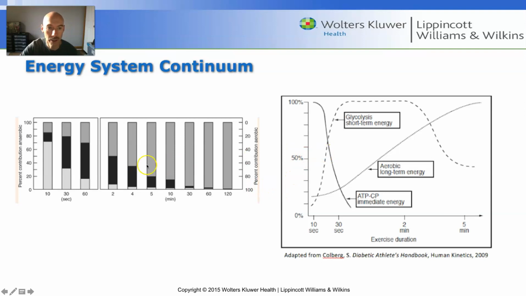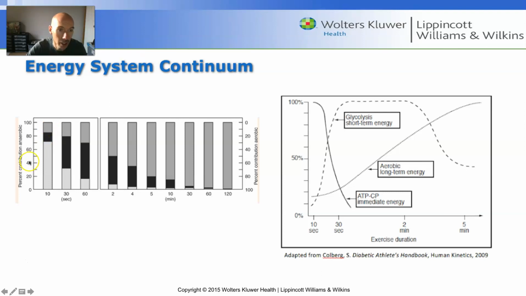What this shows you, let's start over here. The dark gray is phosphocreatine system, the black is glycolysis, and the dark gray is aerobic. So you notice, even in the first 10 seconds of exercise, even though the phosphocreatine system is the primary supplier, so about 75% of the energy comes from that, you still get a small contribution from the glycolytic and the aerobic.